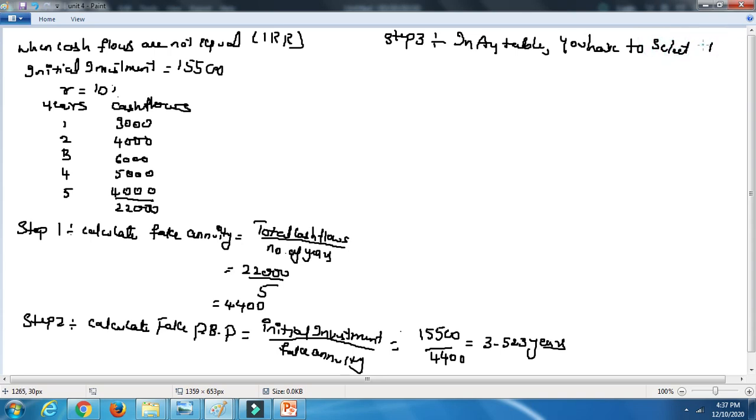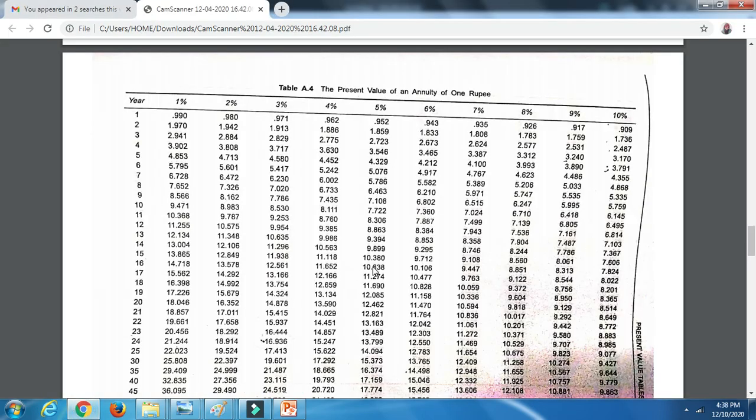That 3.523 years is nothing but your payback period. You need to check in the 5th year only, because here it is 5 years. So in the A4 table, in the 5th year, you need to check the two closest values.